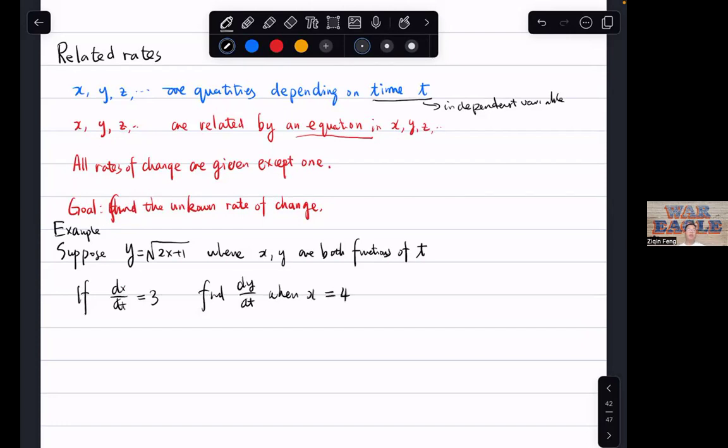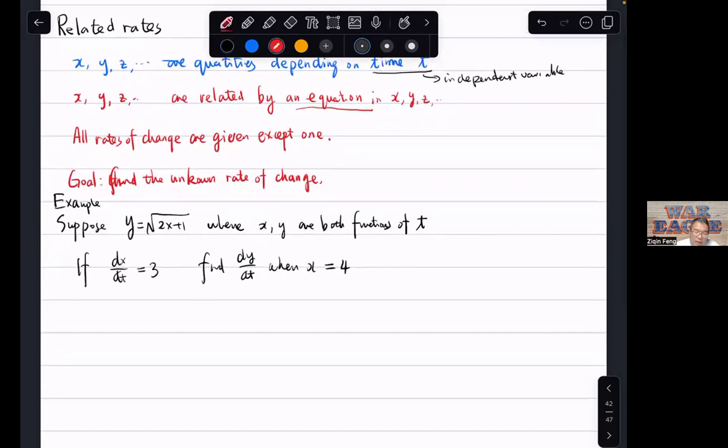So here we are given two quantities, x and y, both functions of time. We are given the rate of change of x is 3. We are looking for the rate of change of y when x is 4. We don't have any other approach. Given such an equation, we differentiate it with respect to time t, then plug in the information we are given to figure out dy over dt.